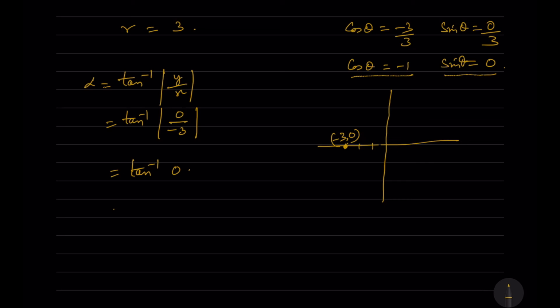Now where do we get 0? Tan 0. So therefore alpha is equal to 0.